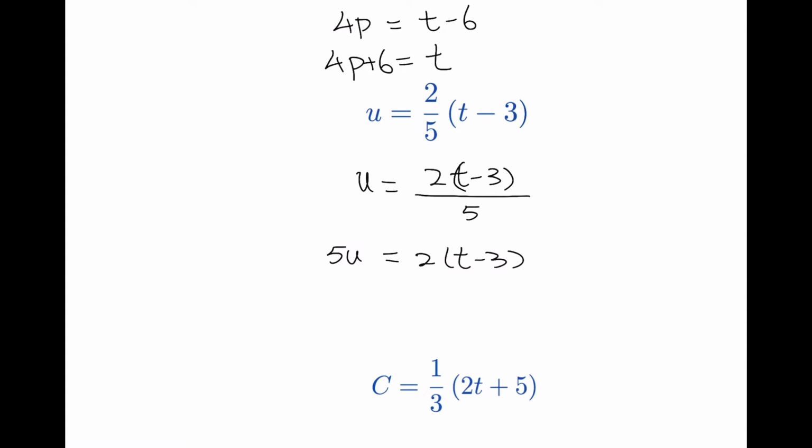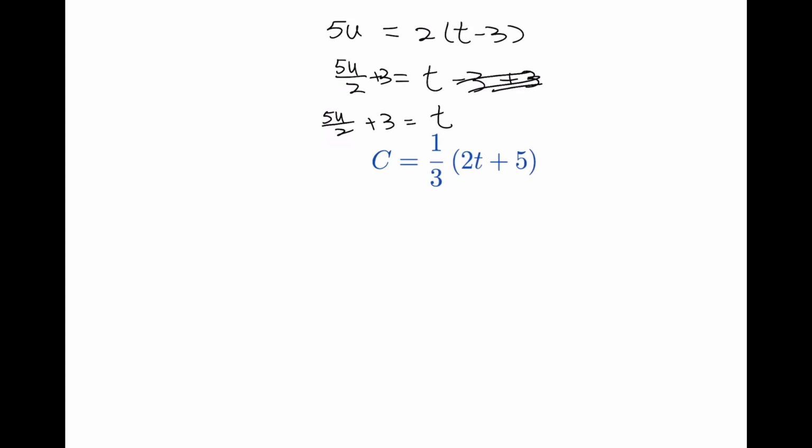So how about 2? Just eliminate it because bracket also means multiplying. So if you want to eliminate that, you just divide on the other side. 5u over 2 equals t minus 3. Now if you want to deal with negative 3, you just add 3 on both sides. This side it will be gone. It becomes t equals 5u over 2 plus 3.